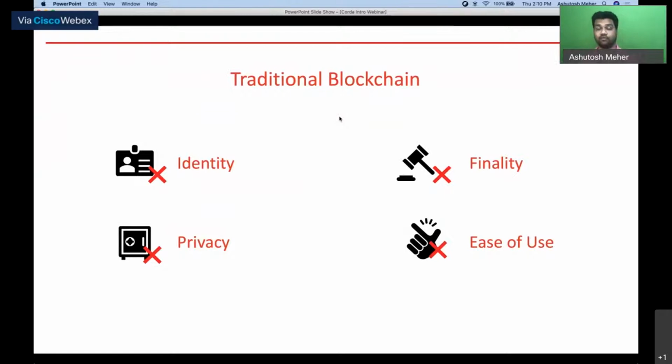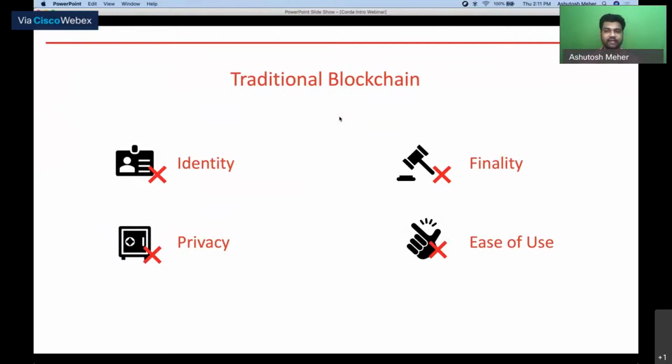You have sensitive information which you cannot share, something like pricing information or maybe some patent data. How do you share all that information in the blockchain when everybody knows about it? That's not a good thing. So the problem of privacy is there, and Corda solves that. We'll see how that happens.